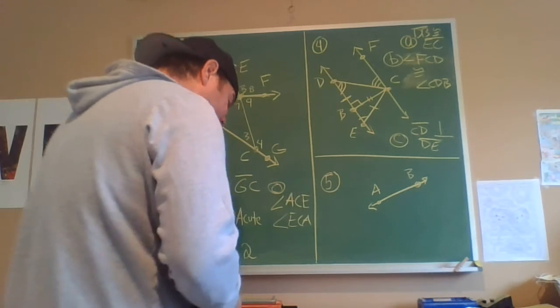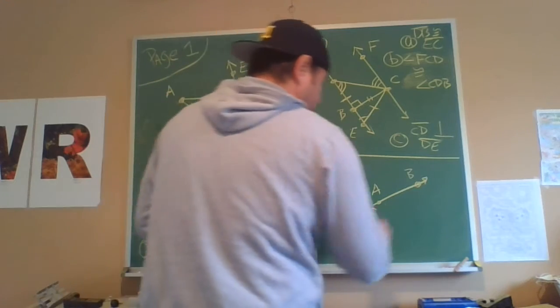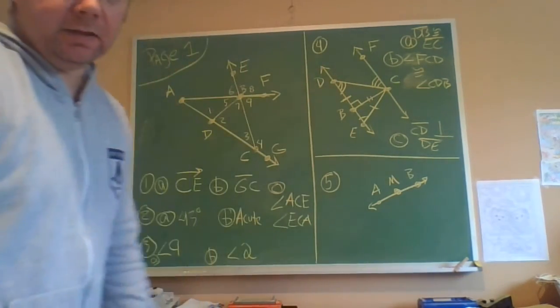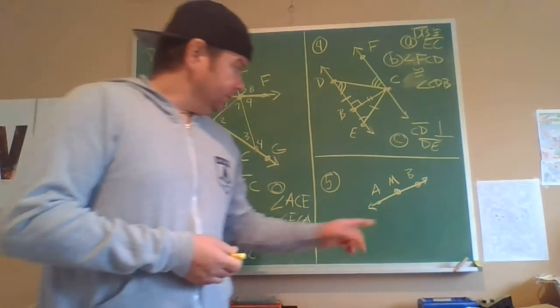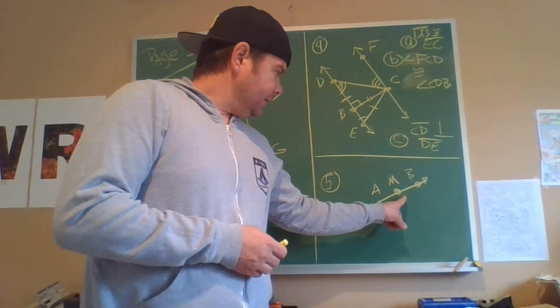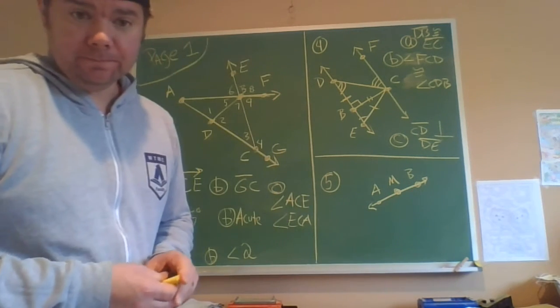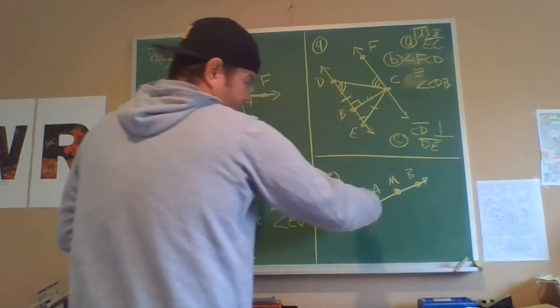Okay, now the last one for page 1. Draw the midpoint of the segment shown. Mark it M and mark the diagram appropriately. This is one of my favorite questions because it seems easy, and it's not too bad, right? We know that a midpoint is the point on a segment that creates two congruent segments on the given segment, right? So this looks like a midpoint, right?